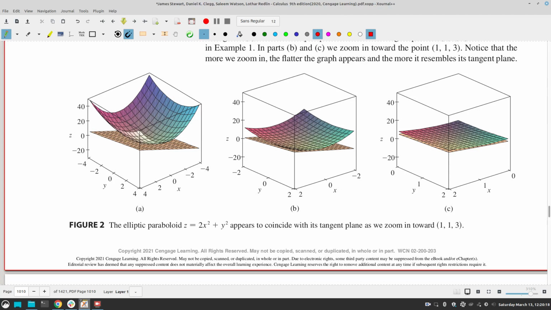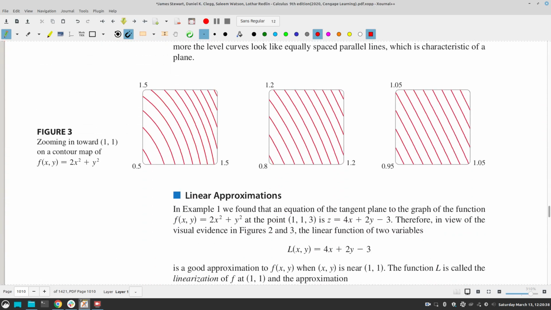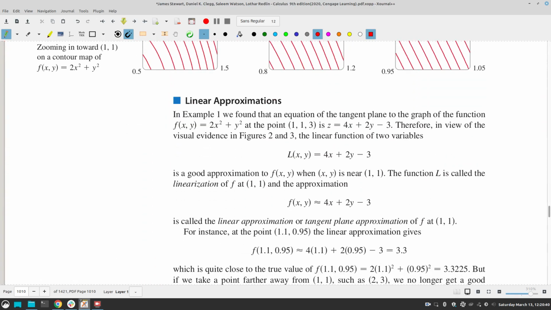Notice how the surface gets closer and closer to the tangent, and here we're zoomed in even more, and now the surface almost looks like the tangent. The more you zoom in, the more it looks like the tangent, and that is why we're able to make a tangent approximation.